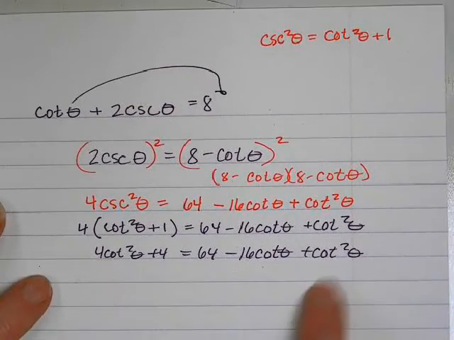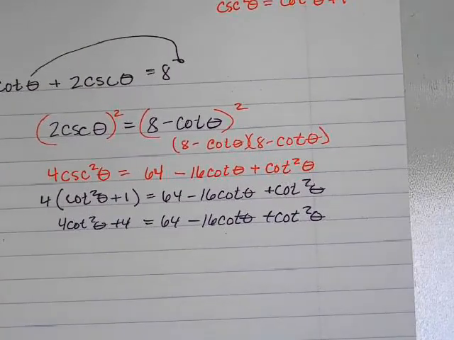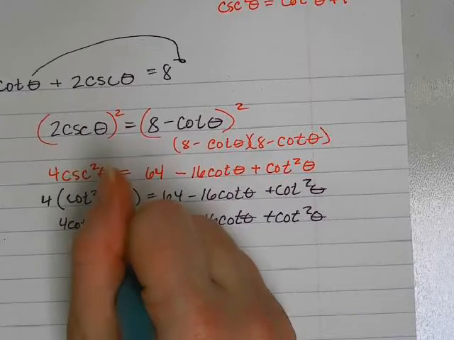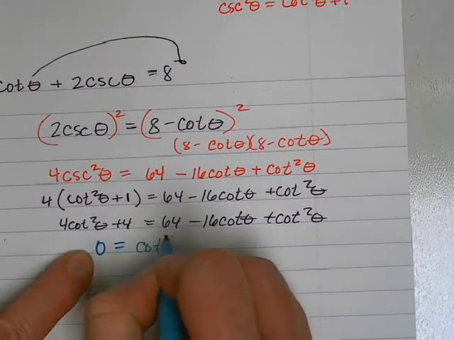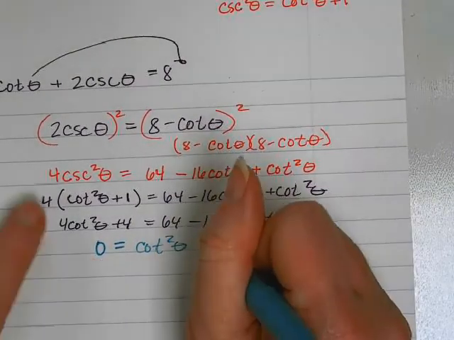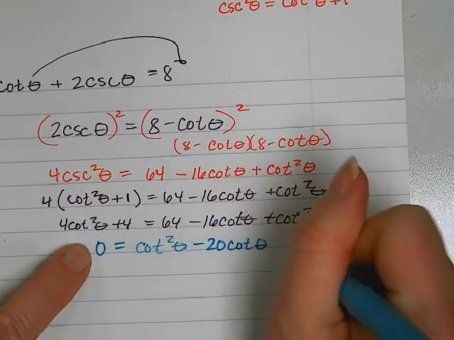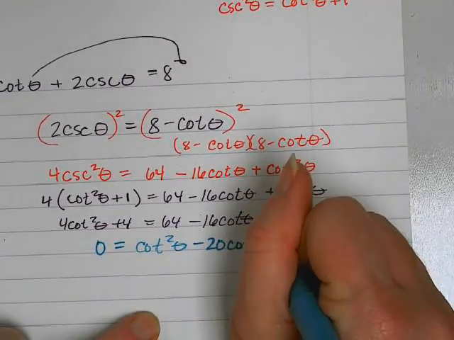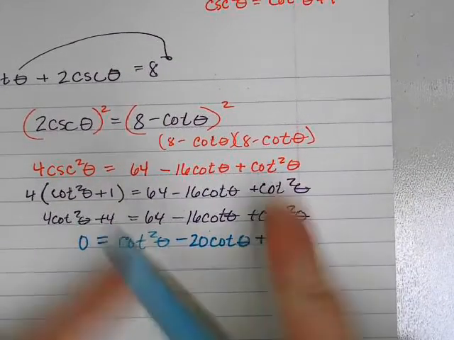I'm going to move everything over to this side and factor, and rearrange it while I do that. Wait, it's cotangent squared. Oh, you're right.